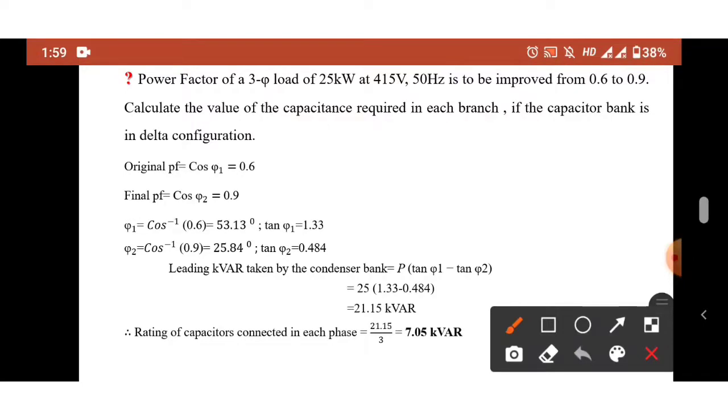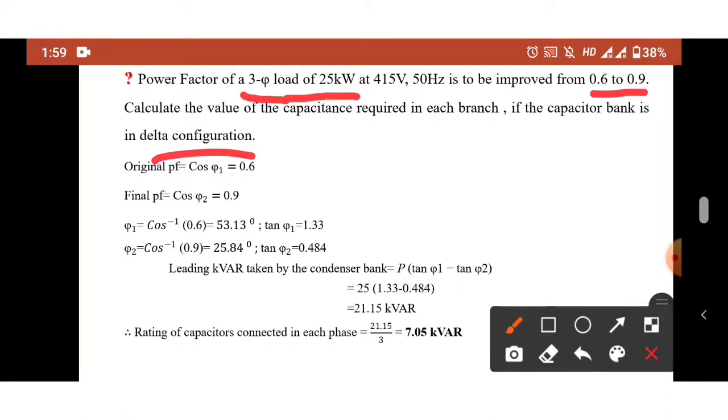The active power of the load is 25 kilowatt, and this is a three-phase load. In each phase a capacitor is connected in delta configuration. We have to find the rating of the capacitor connected in each phase.